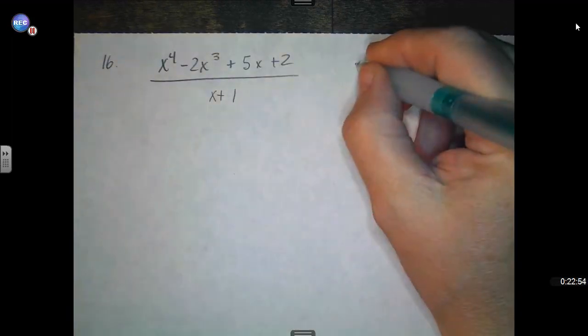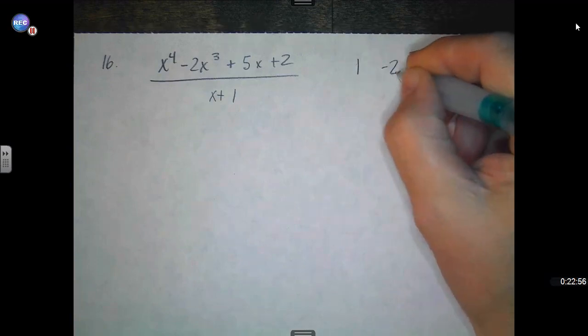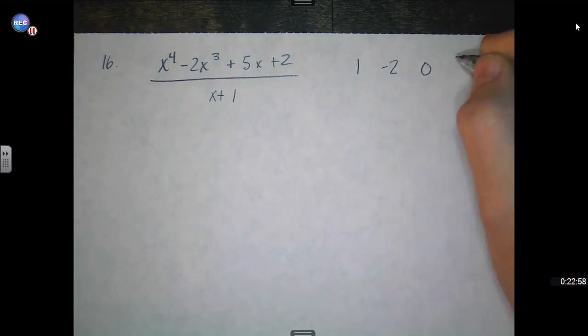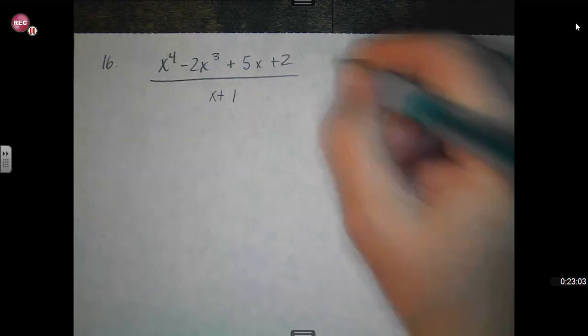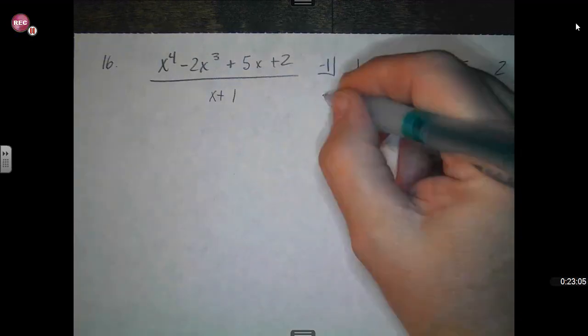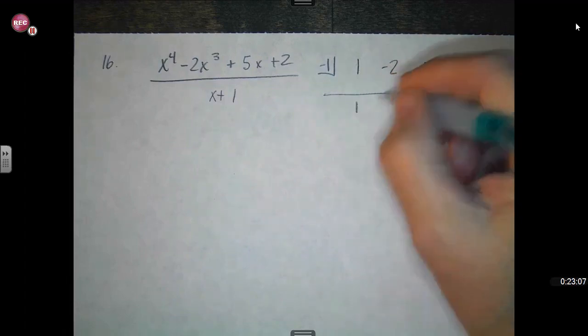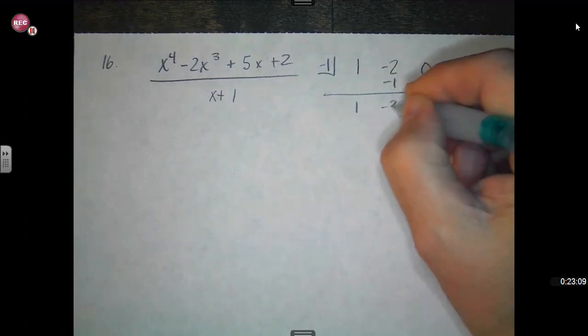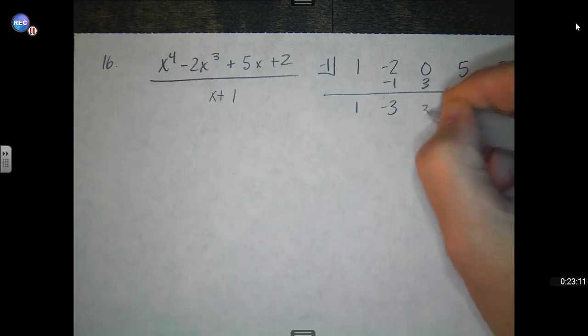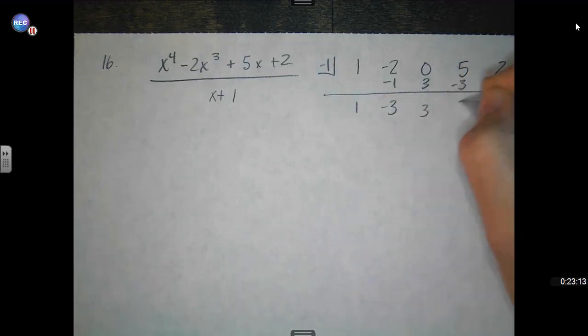So 1, -2, 0, because my quadratic term is missing, and then 5, and then 2, and we're dividing by -1. So we pull down the first one, multiply, we add, we multiply, we add, we multiply, we add.